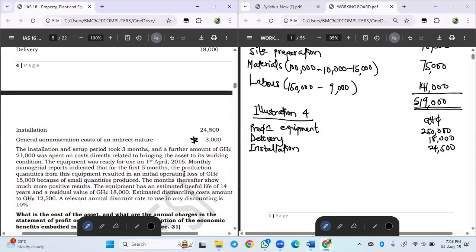Okay, so the installation and setup period took 3 months, and a further amount of 21,000 was spent on costs directly related to bringing the asset to its working condition. So the installation, apart from the 24,000, there was what? Extra costs on what? Installation. So let's say extra installation costs.